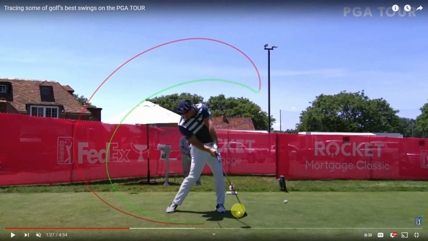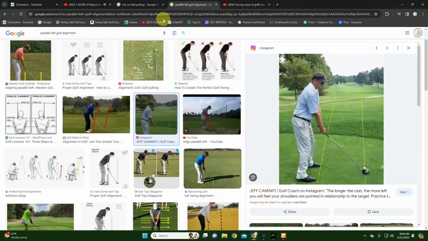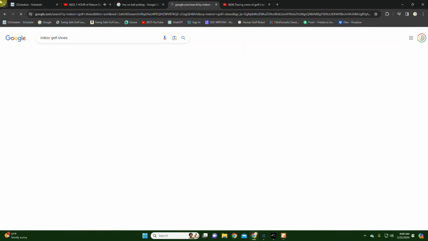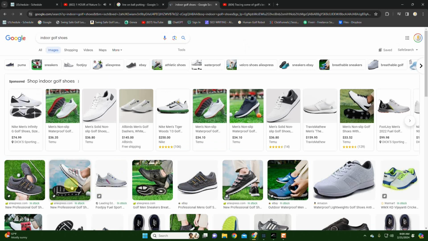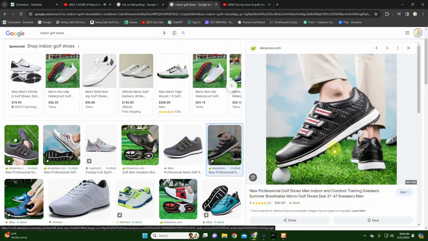Oh yeah, and then I mentioned, there's different golf shoes out there now in the community, and so we have these indoor golf shoes which are spikeless usually. So they usually have a pattern like this. These are considered indoor shoes because they don't have spikes.